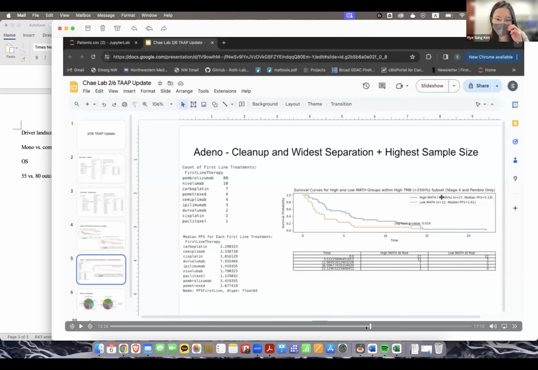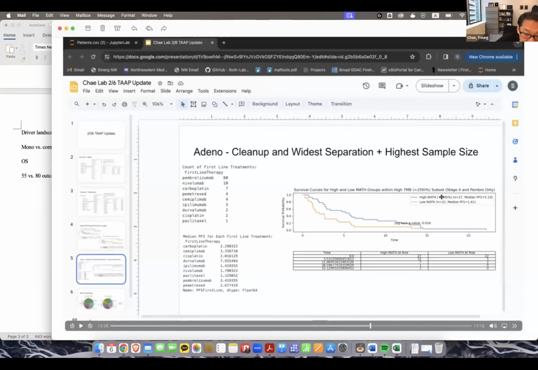I think that may not be right. I will have to discuss with stats, but I just feel like this data isn't exactly clean. The only thing I can see is that there's a different TMB cutoff, and it's 49 patients out of 80.